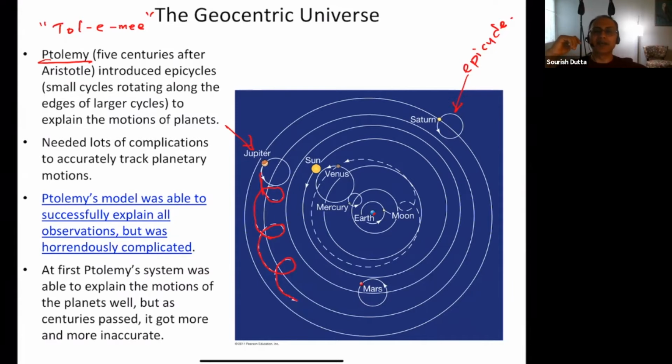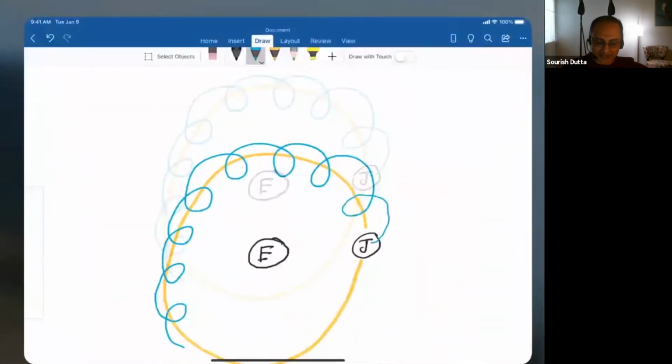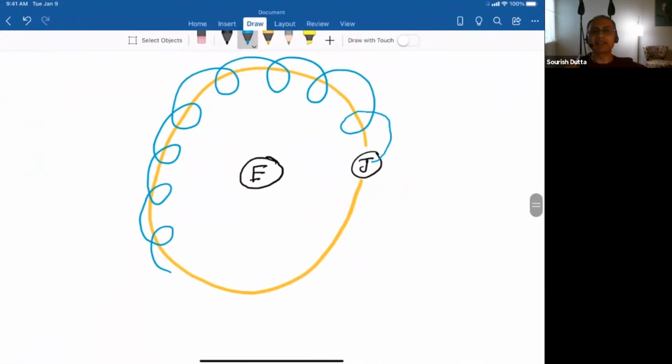So what Aristotle must have missed is that the planets don't just go around in circles, they execute smaller circles within the larger circles. Now, one other thing is that by adjusting these epicycles, it turns out that you can make this model agree with experimental data as much as you want.